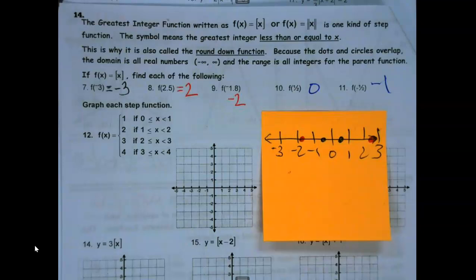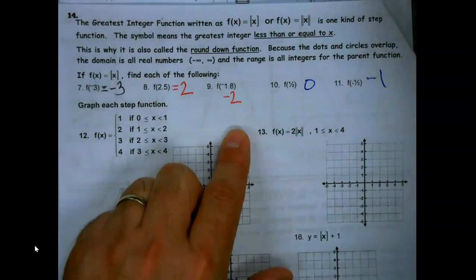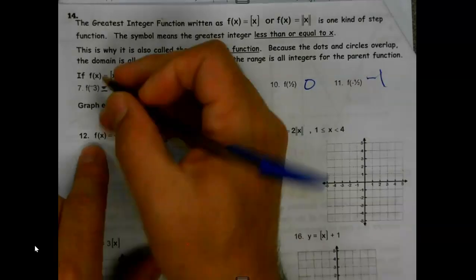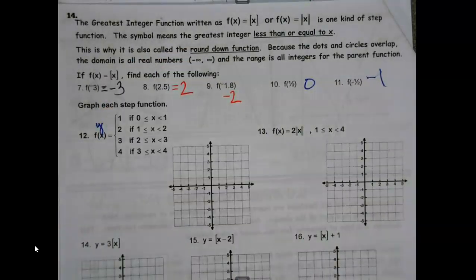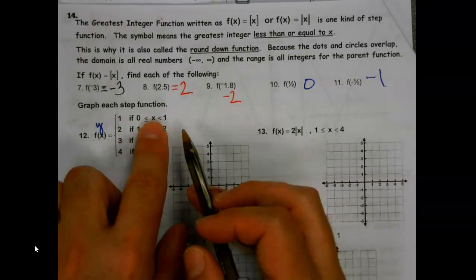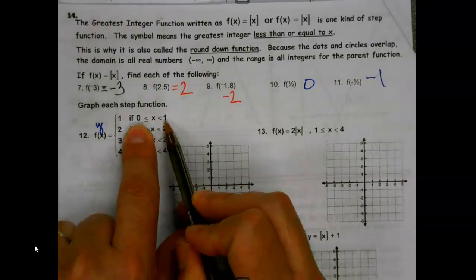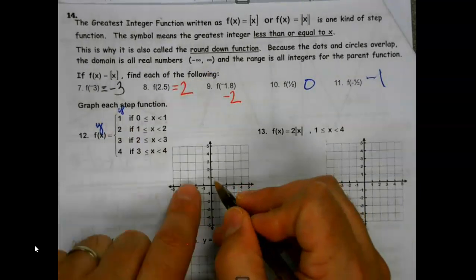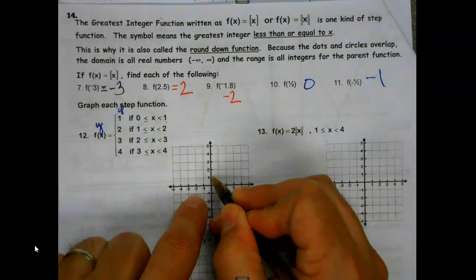And so when we're asked to graph the step function, let me get this out of the way for a minute. Remember, f of x is just a fancy way of saying y equals. So if x is between 0 and 1, the y value is 1.